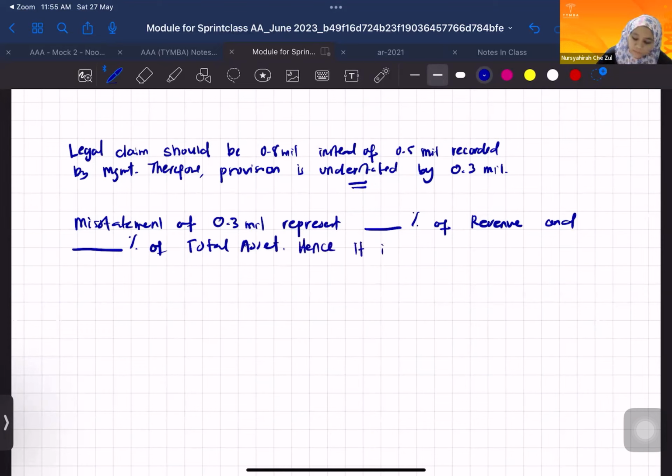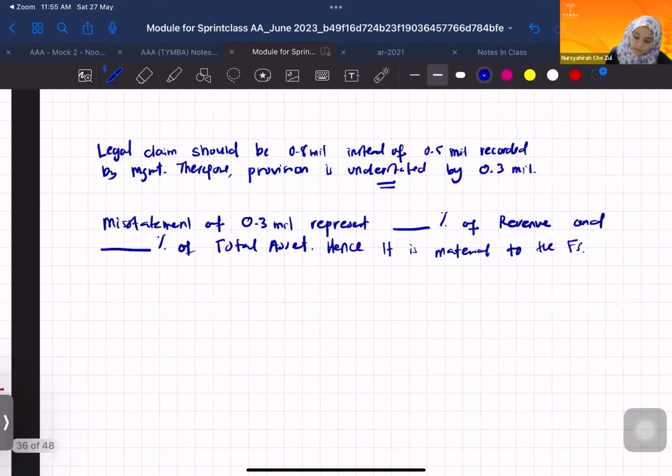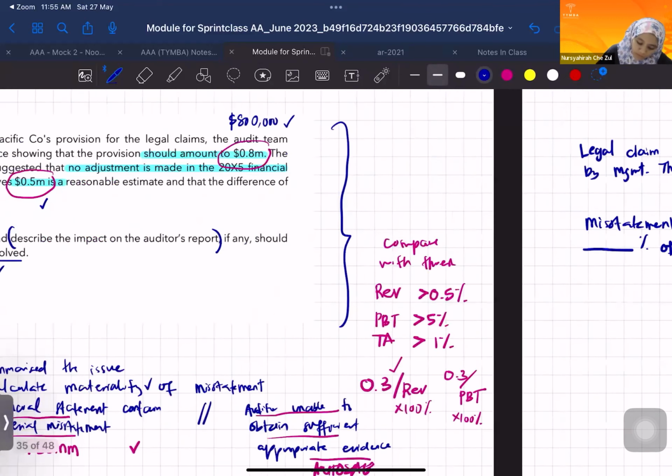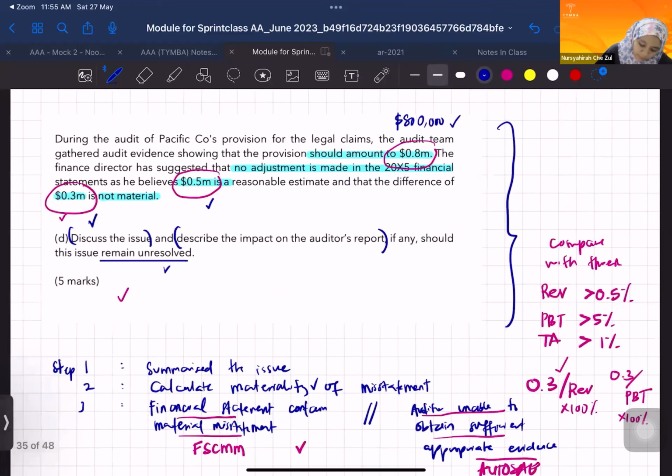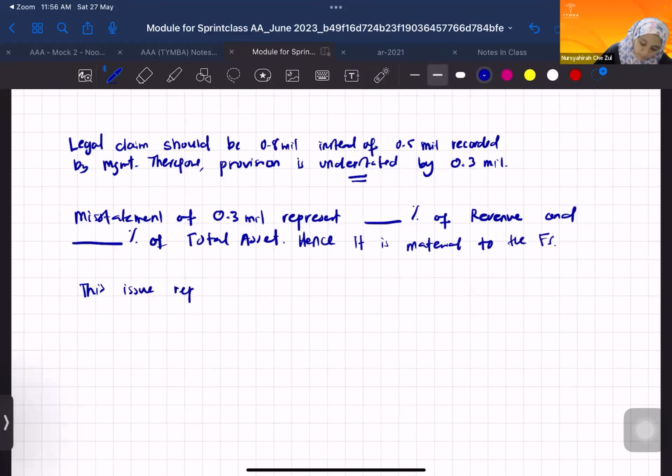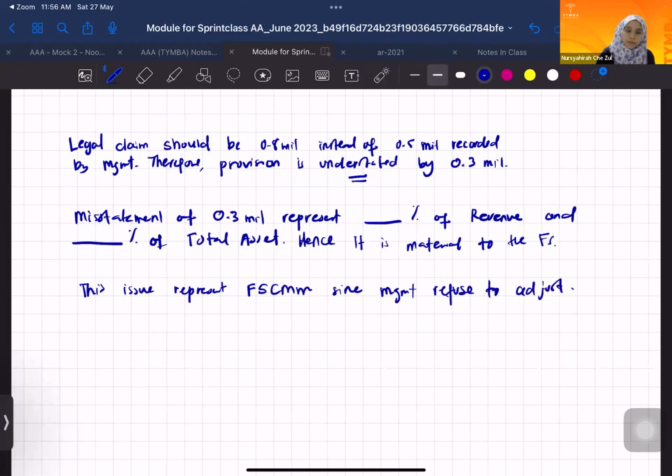Hence, it is material or not material to the FS. Step 3. What was it just now? FSMM or auto say, right? Then you mention this issue represents financial statement containing material misstatement since management refuses to adjust. As simple as that.